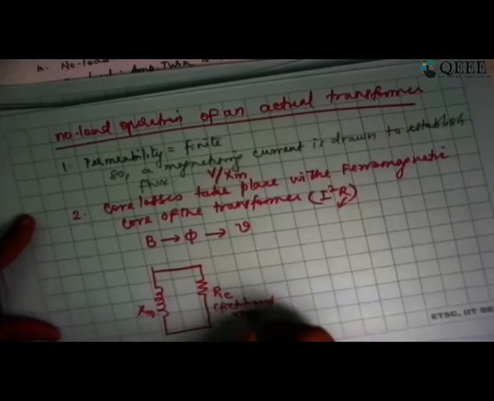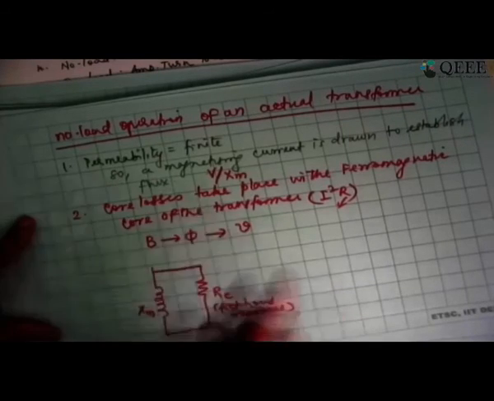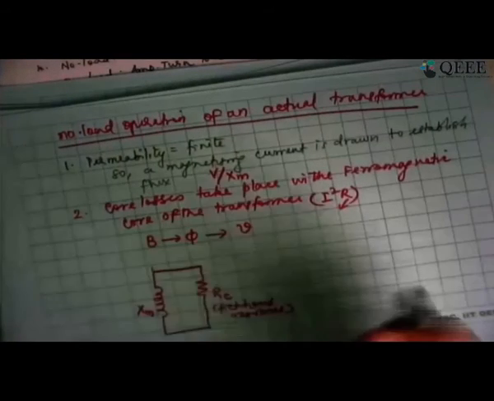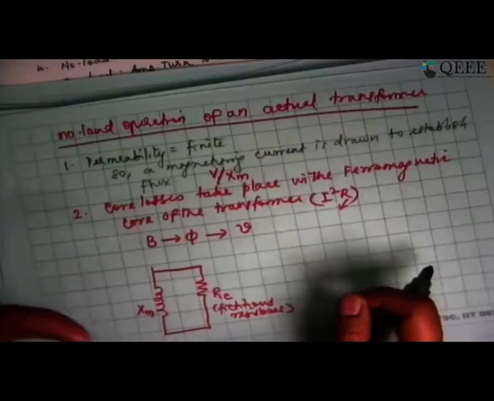You cannot physically measure it; you can only estimate it, because it is not really the resistance of the core. It is rather representing the core losses happening in the core, so I am putting it as an imaginary or estimated value of resistance.